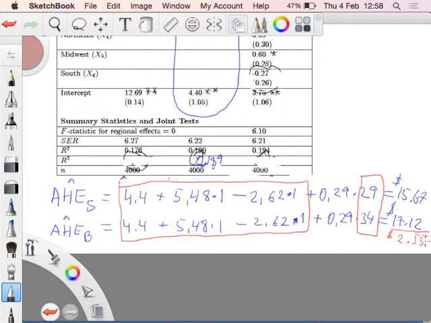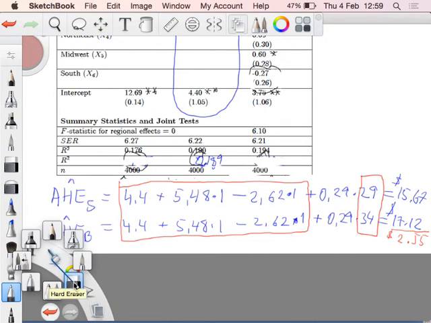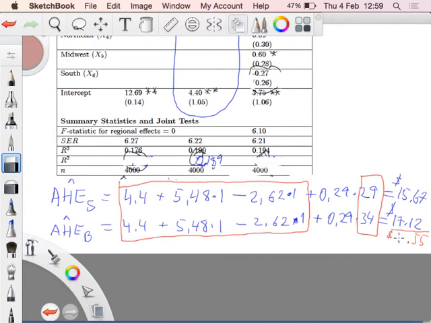What's the difference between them, guys? 145, right? This should be negative, but Betsy earns more, so we just did the opposite.